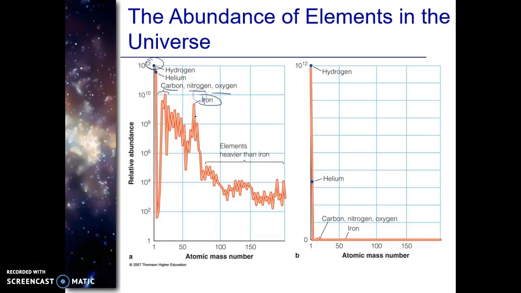And then your iron: look how your iron spikes back up. Your other elements, based on atomic mass, get fewer and fewer, but then all of a sudden your iron spikes up, because you end up fusing those elements into iron and you form those iron cores. And the elements heavier than iron? Well, there's not a lot of them.